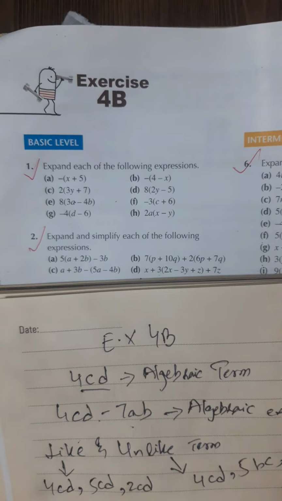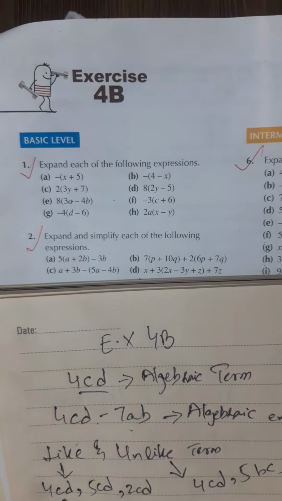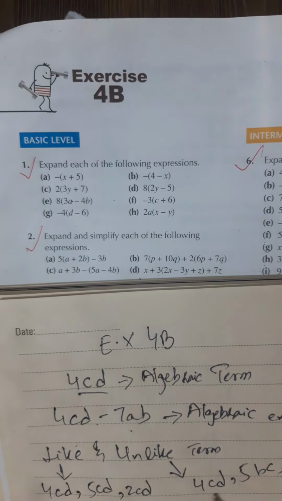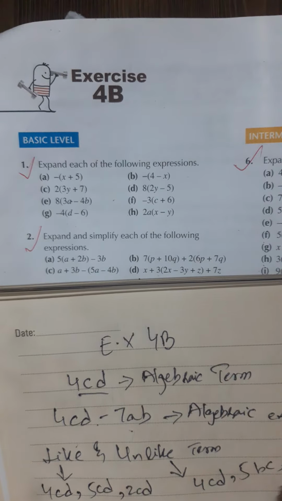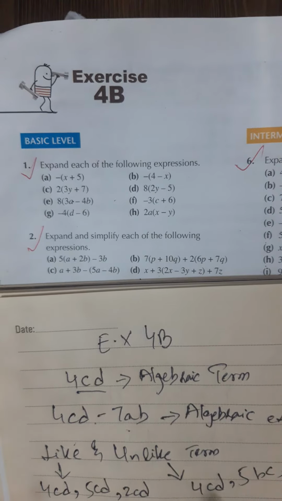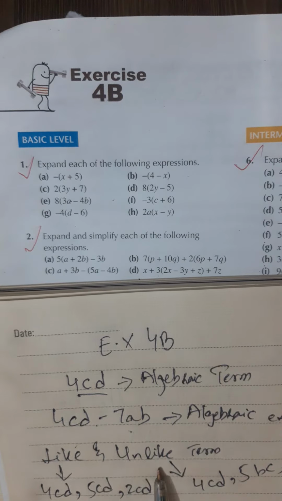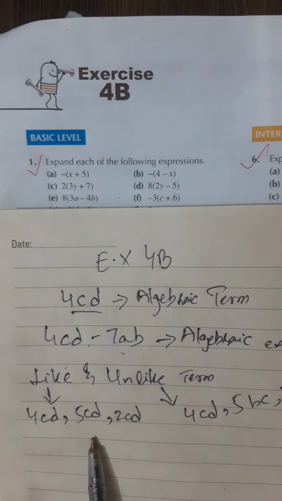Like terms are the terms having the same variables and same powers. Here the variables are different: for CD, here the variable is BC, here the variable is BX. So they have different variables and different powers, so we call them unlike terms. We can't solve unlike terms. When we have to solve them, we need like terms.